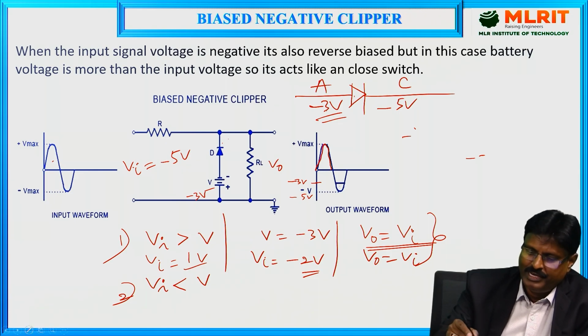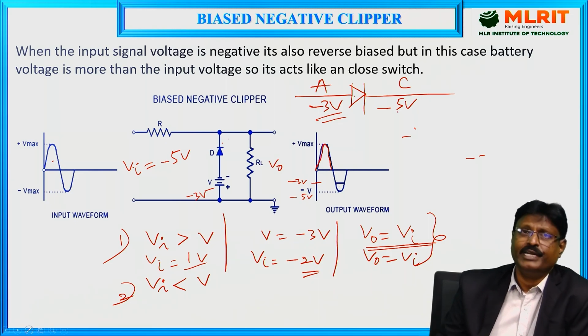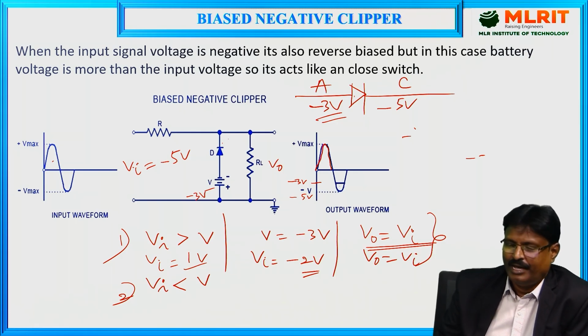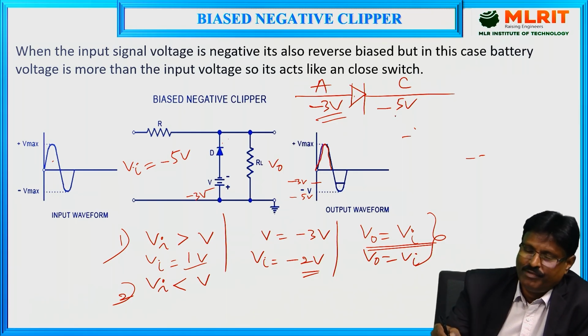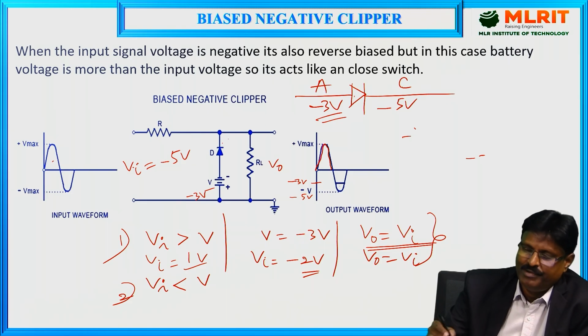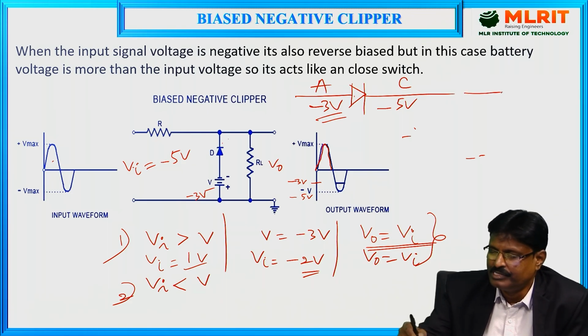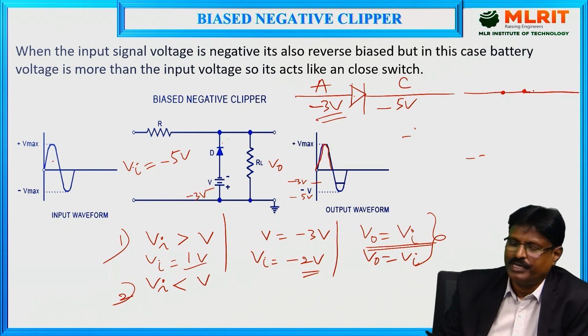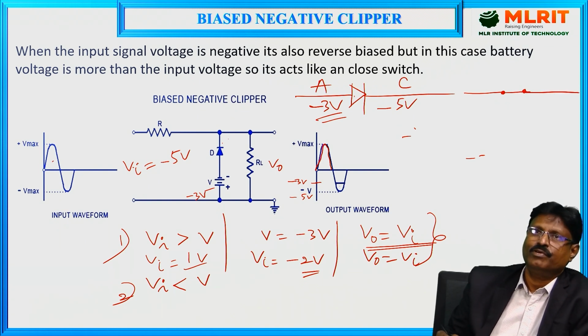As you can see, minus 3 is higher when compared with minus 5, and minus 5 is lower when compared with minus 3. So the anode is at higher potential when compared with the cathode, which means the diode is forward bias.